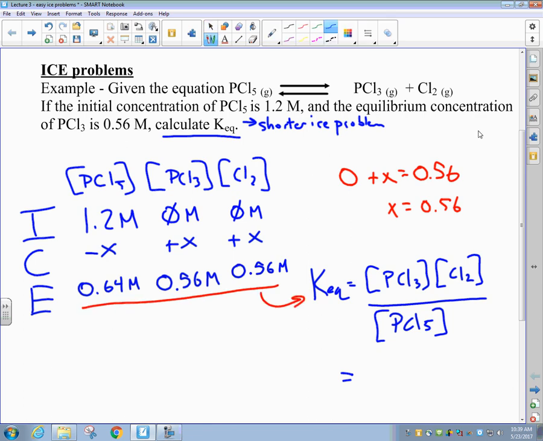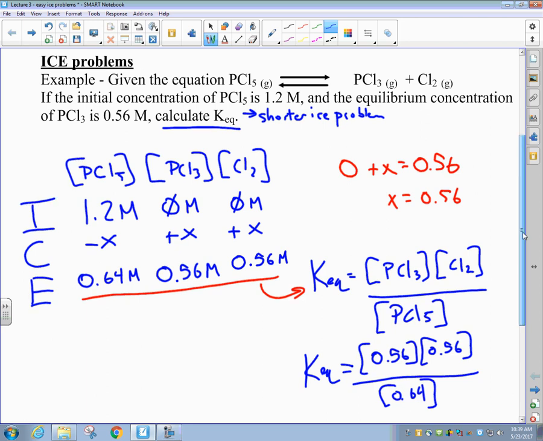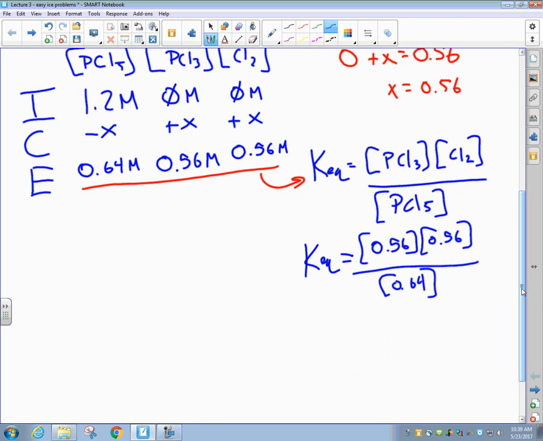So we're going to have 0.56 times 0.56 divided by 0.64. And then that's going to equal our KEQ value. Go ahead and do that math with two significant figures, and we get a KEQ value of 0.49 as our answer for this problem.